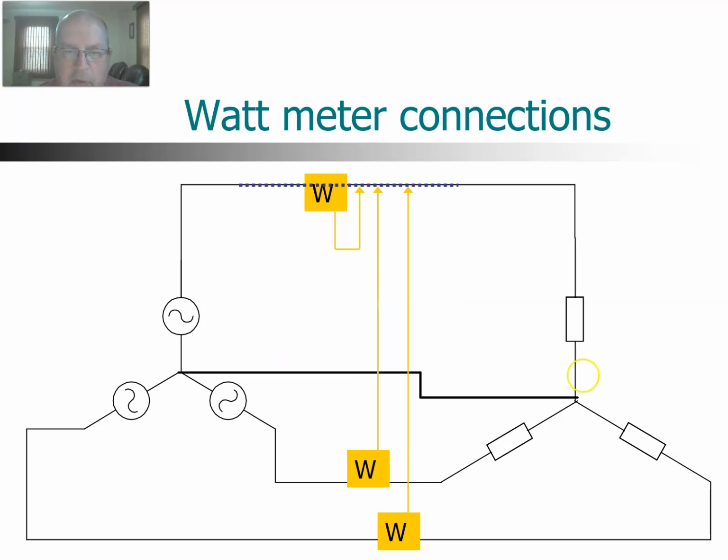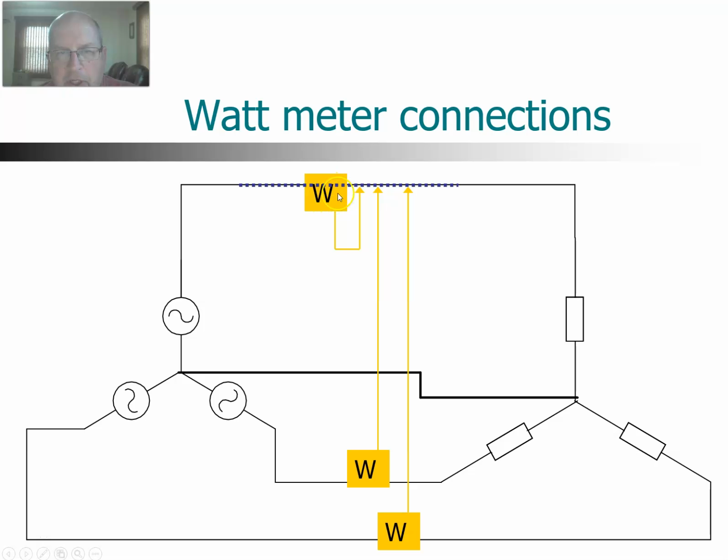Now, it turns out we can actually take that to the extreme and make that common connection actually equal the voltage on one of the phases. So now we have a lot more voltage on this one and a lot more voltage on this one, but on this one, since this reference voltage is actually the phase voltage, the voltage coil on this wattmeter will actually read 0.